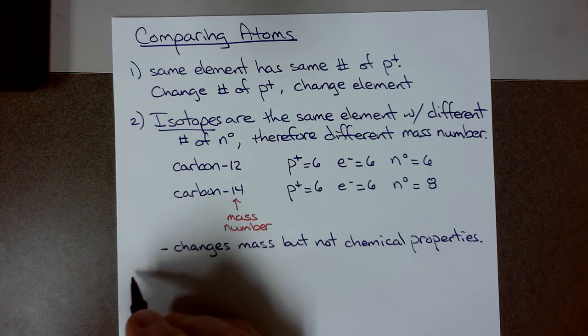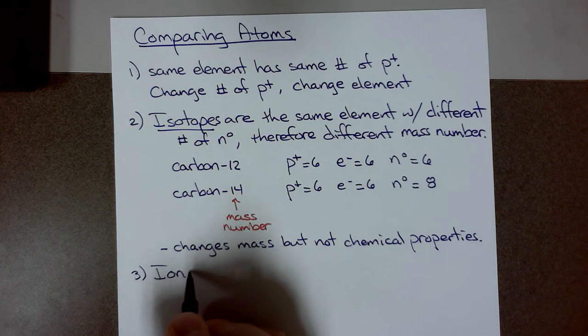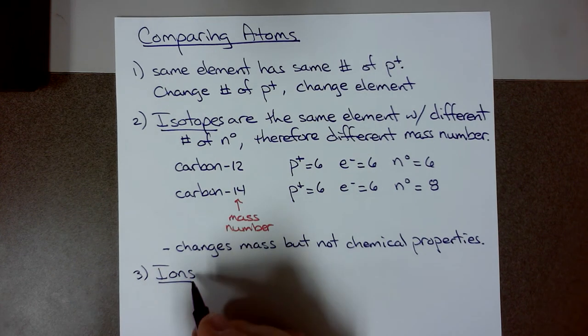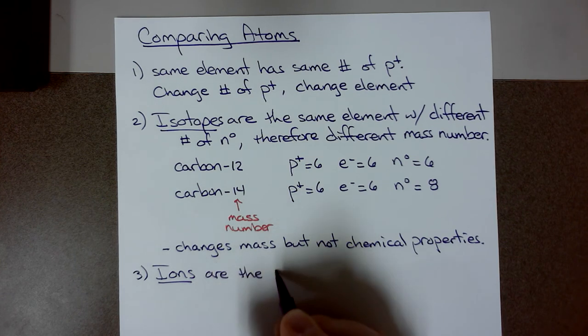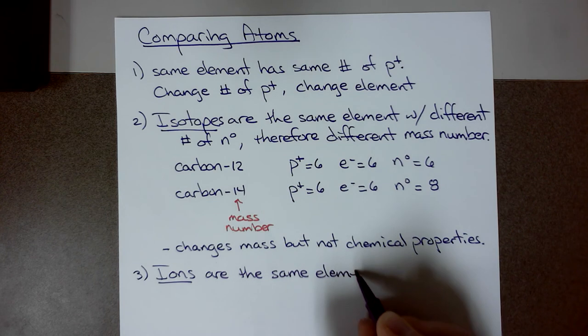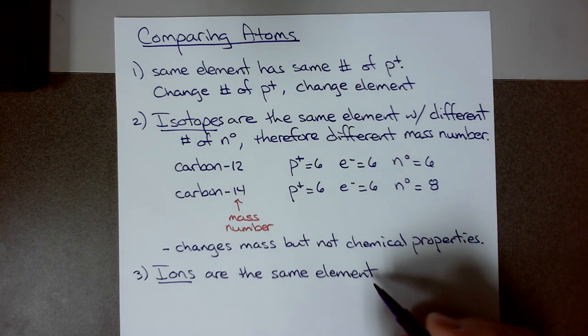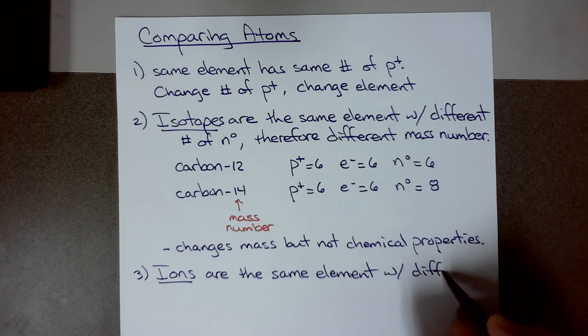Now, if we look at the last one, we call them ions, and ions are the same element with a different number of electrons. So we've changed the number of electrons.